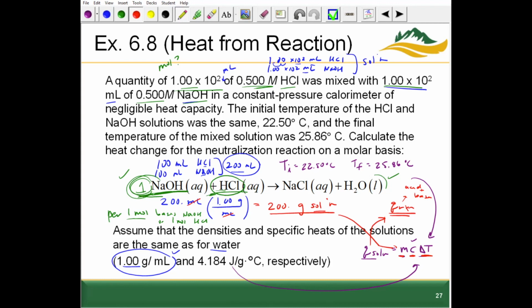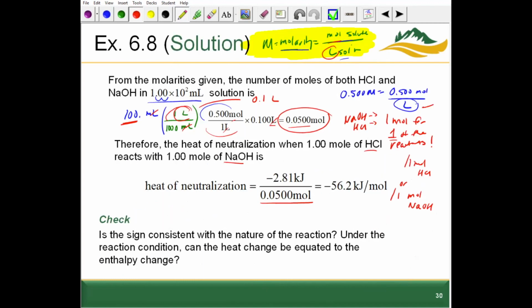So we want to ultimately find the heat change for this neutralization reaction on a molar basis. We know the heat, now we know how many moles were involved. We take this many kilojoules divided by moles to get this answer on a per mole basis.